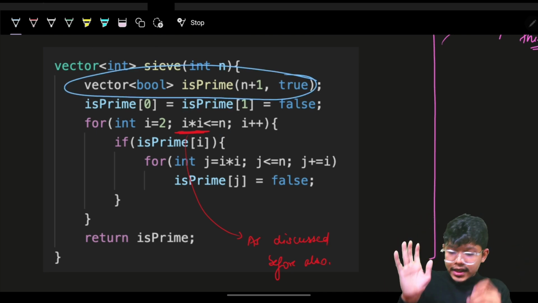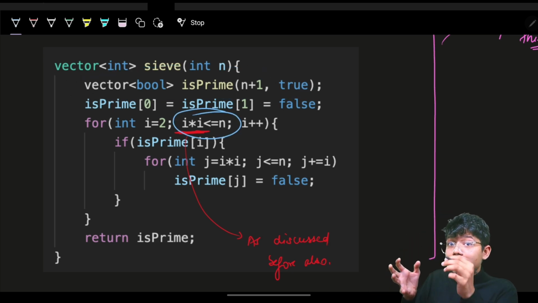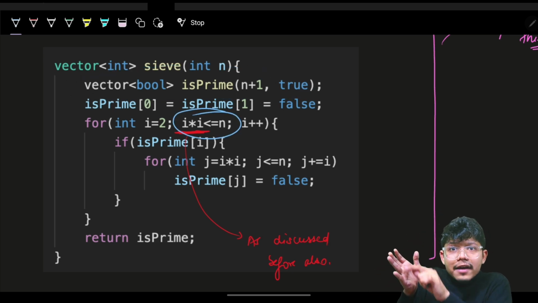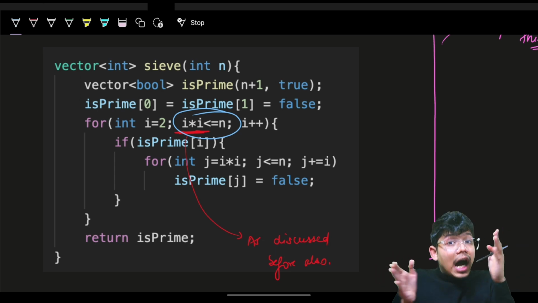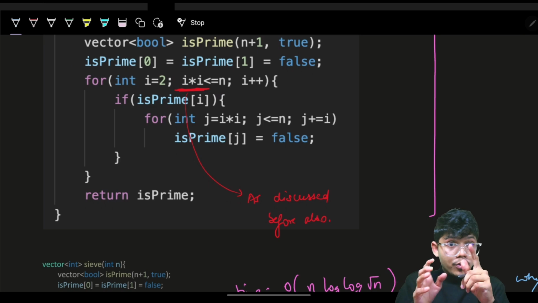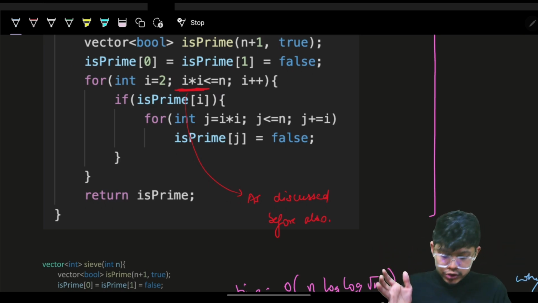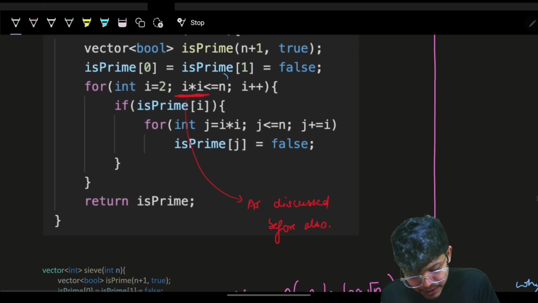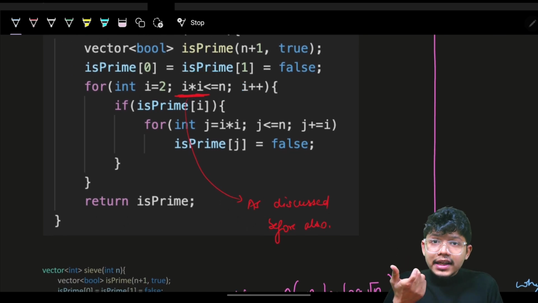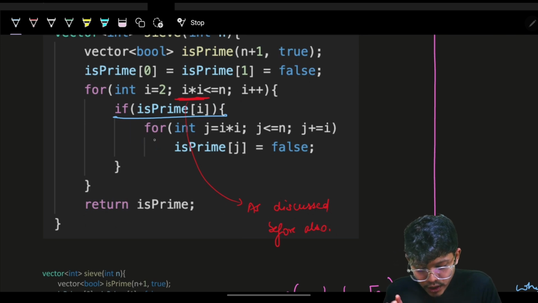Now I am iterating on all the numbers less than root n, and because of those numbers, I will go and mark all the numbers after root n also as not prime. Because we know one fact, all the numbers which have divisors will also have divisors in the right part. So I'll simply go and try up till root n, and if that is prime, simply go and mark all the other multiples j as not prime.